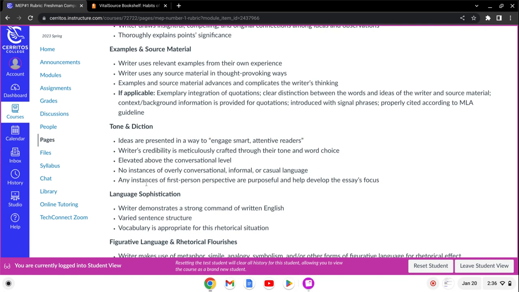So if you can make a statement without inserting yourself into that statement, I would err on that side. Try to avoid inserting yourself into the statement if you can make it without it. So if you can state the idea without saying I, try to do that. But if you can't, just make sure that you're paying close attention to that.